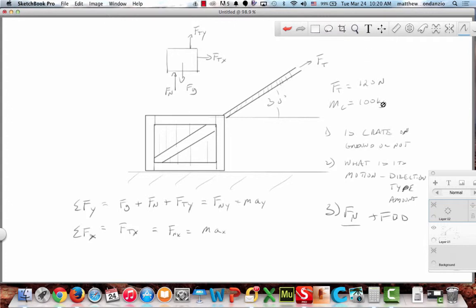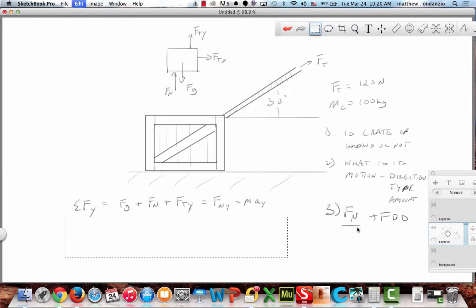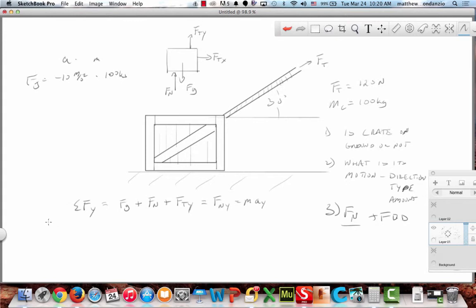So the sum of the forces in the y, what's my Fg? What's my Fg? The force of G is what? Force of gravity. Fg equals negative 10 meters per second squared times my mass, 100 kilograms.